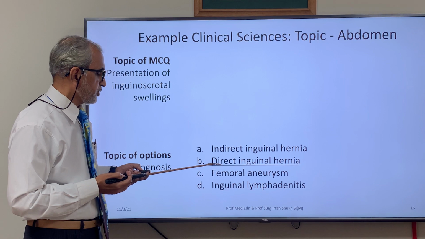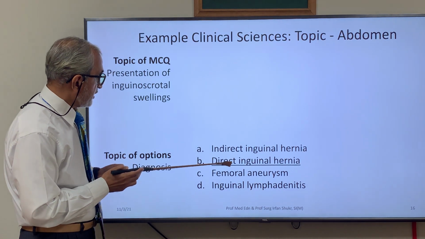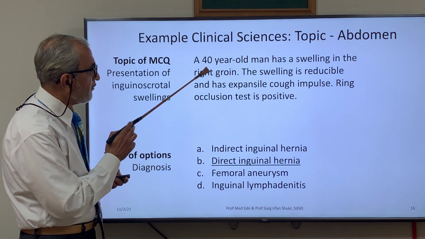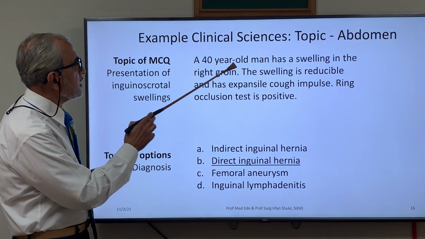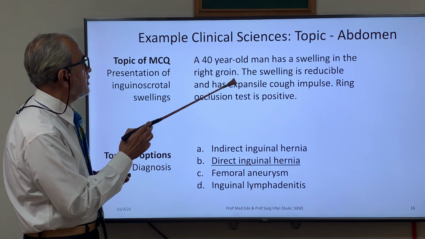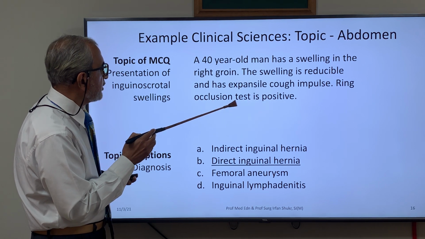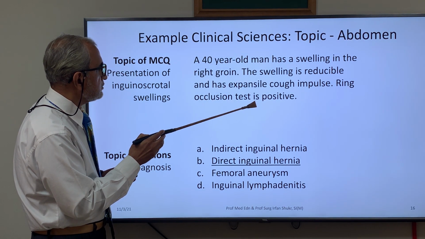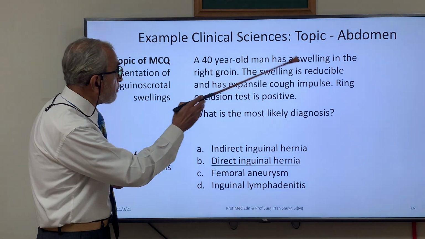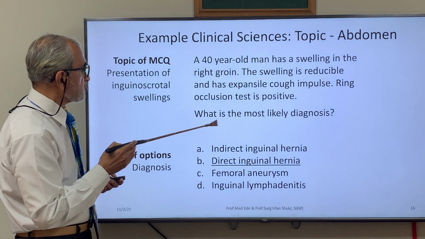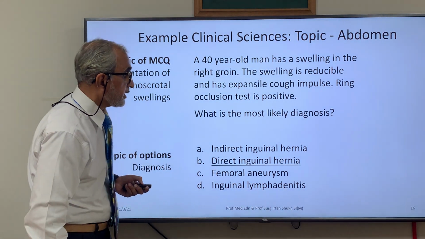I have just chosen this one. Now on the basis of this, I have written the stem. A 40 years old man has a swelling in the right groin. The swelling is reducible and the ring occlusion test is positive. And then on the basis of this, I have written the question statement: what is the most likely diagnosis?